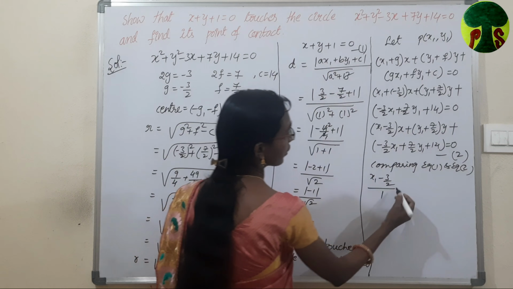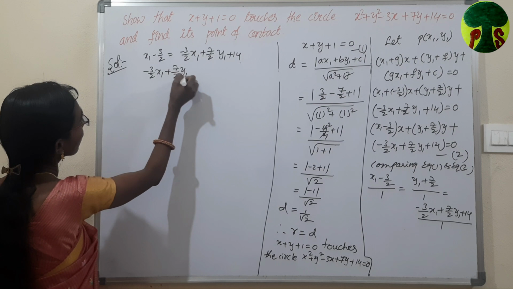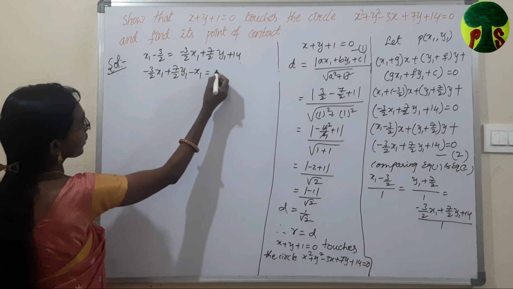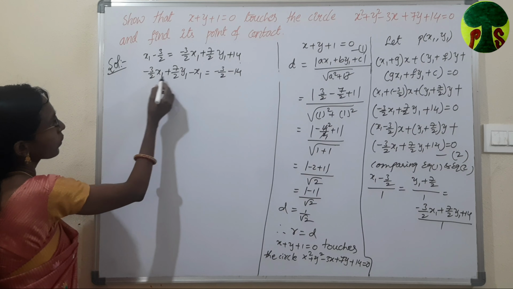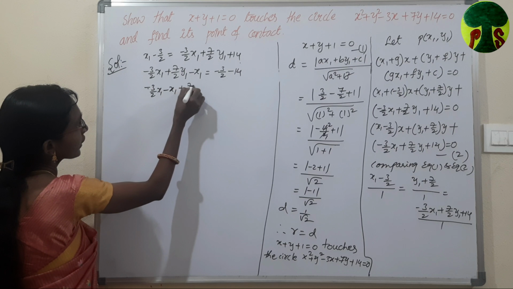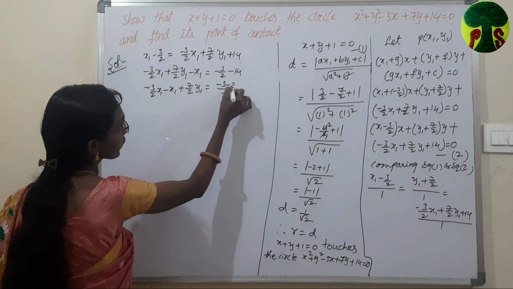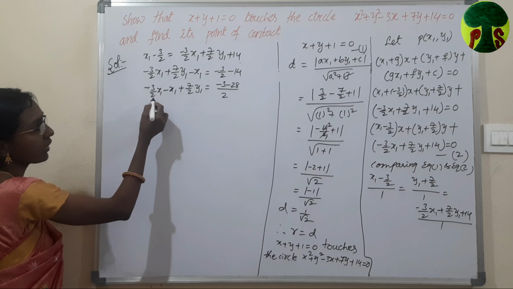So bring this term to right hand side. We'll get minus 3 by 2 x1 plus 7 by 2 y1 and minus x1 is equals to constant term to left hand side, means we'll get minus 3 by 2 minus 14. So minus 3 by 2 x1 minus x1 plus 7 by 2 y1 is equals to LCM is 2, minus 3 minus 28. So minus 2 x1 minus 3 x1.